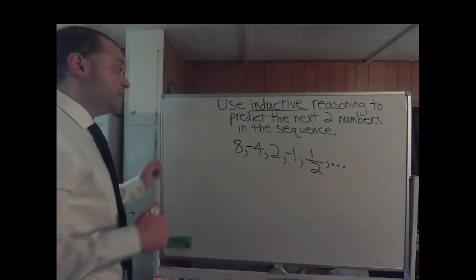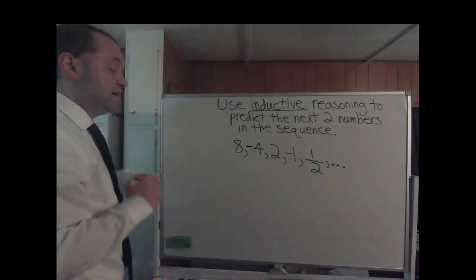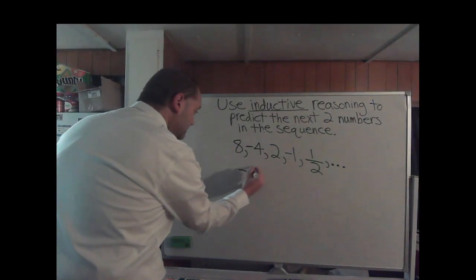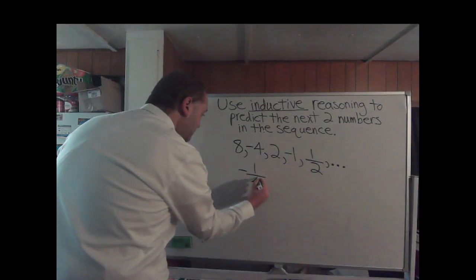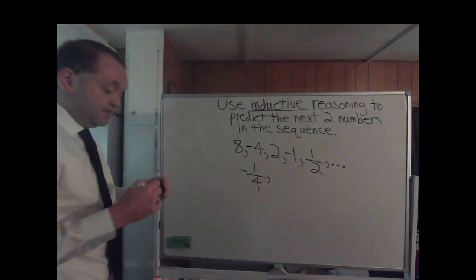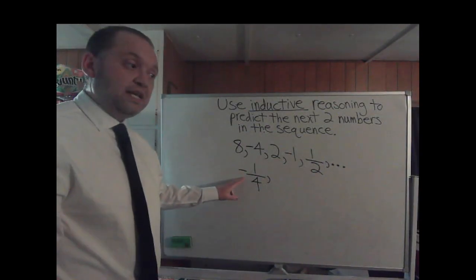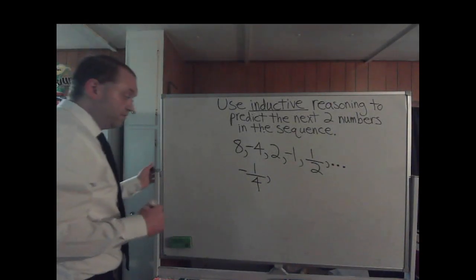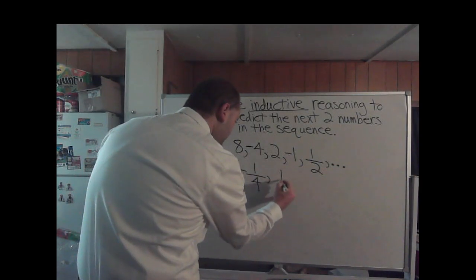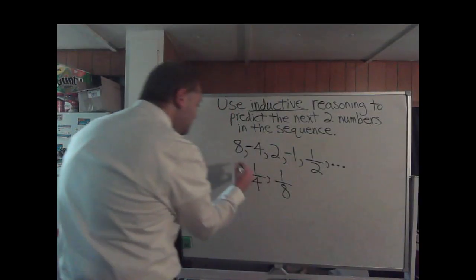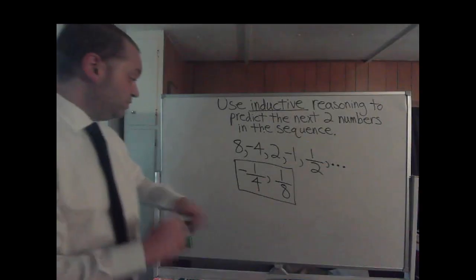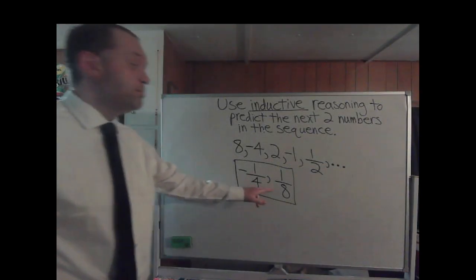So, based on inductive reasoning, if we multiply 1/2 by -1/2, the very next number in the sequence should be -1/4. And then to find the next number, you'd multiply that -1/4 times -1/2, which therefore should give you +1/8. So based on inductive reasoning, the next 2 numbers in the sequence would be -1/4 and +1/8.